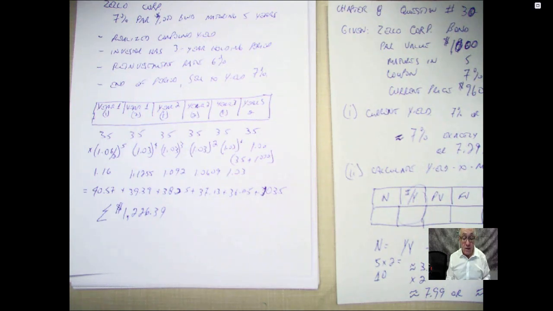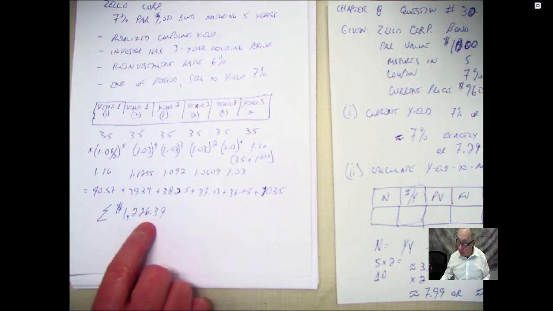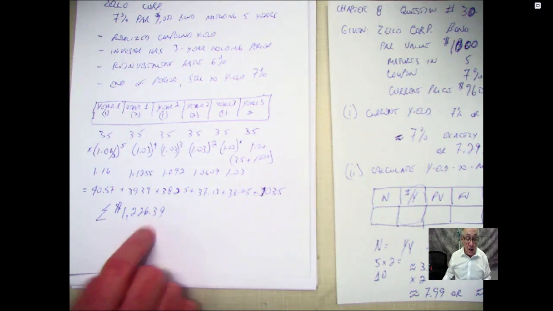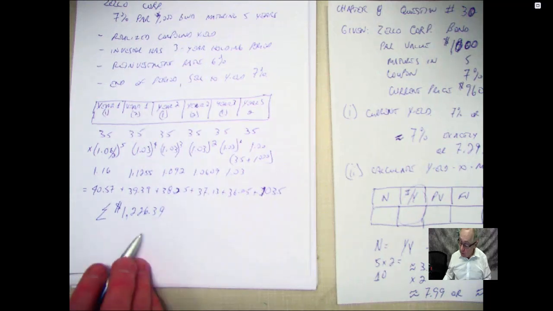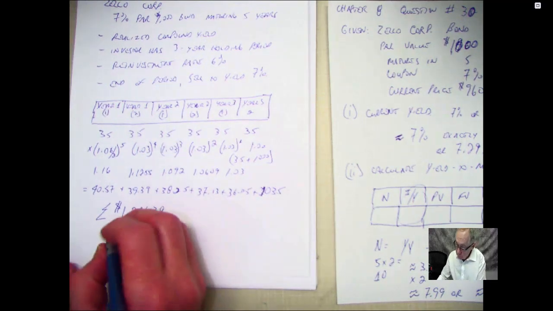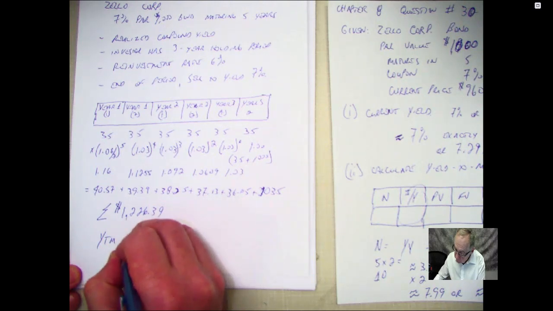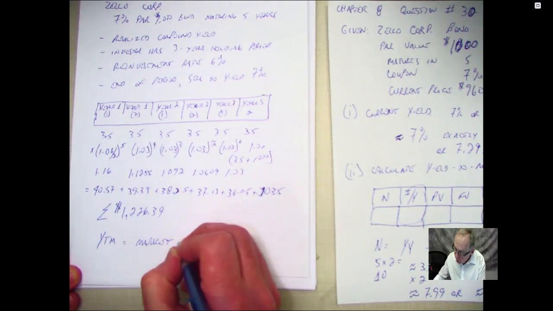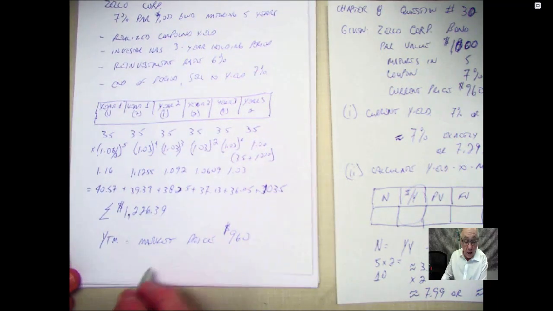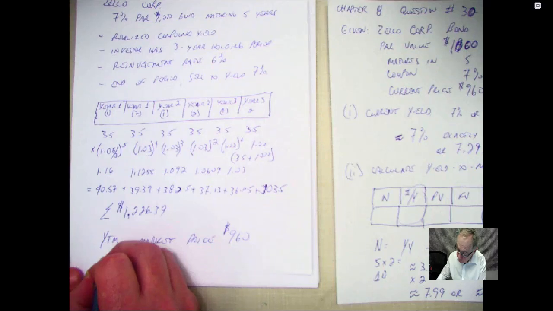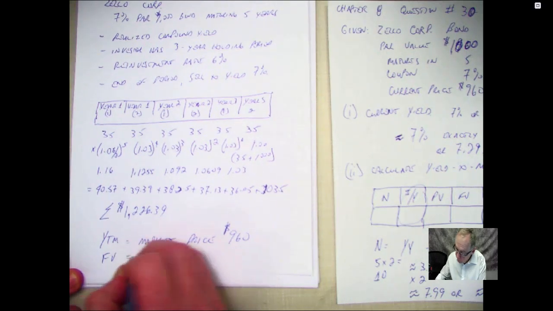So it shows us the value of the coupons and the value of the sale at the future value. Now, part 3 also asks us to calculate the yield to maturity at year 3, with market price starting at $960 and future value of $1,000.